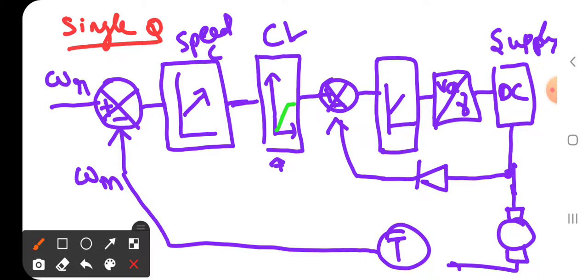By using this, we can operate the DC motor in single quadrant. For multi-quadrant, I will send the circuit diagram to you.